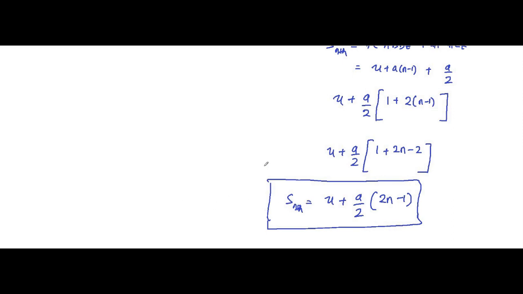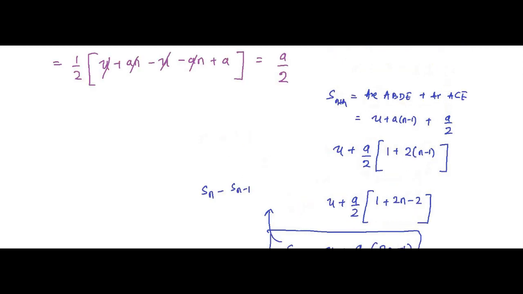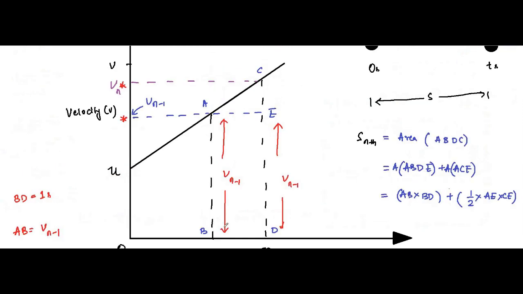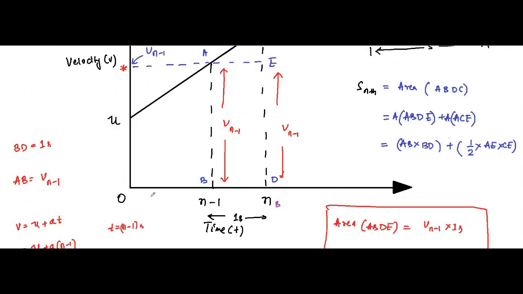And always remember, this is equal to Sn minus Sn minus 1. Never get confused between Sn and Snth. Sn is the displacement during the entire duration from 0 to n seconds.